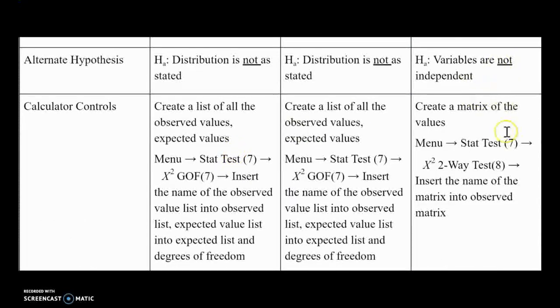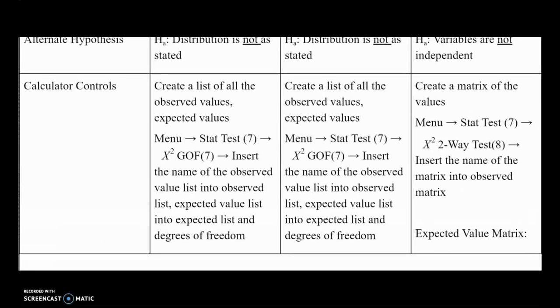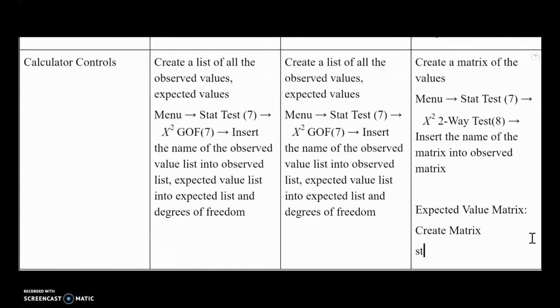For independence, you'd have to create a matrix. So this is the one where you can do expected values without actually having to create an expected value matrix. So you do menu, stat, test, chi-squared two-way test, and then you insert the name of your observed matrix. Now if you want to find the expected value matrix, once you create your original matrix, the very next thing you have to do is stat.exp on that matrix.